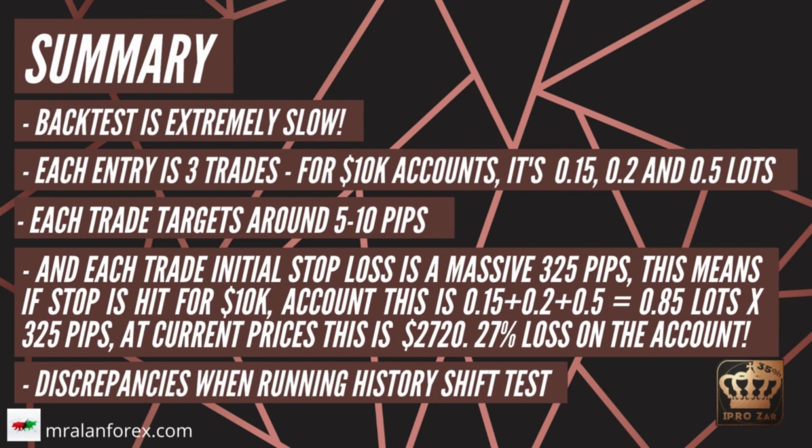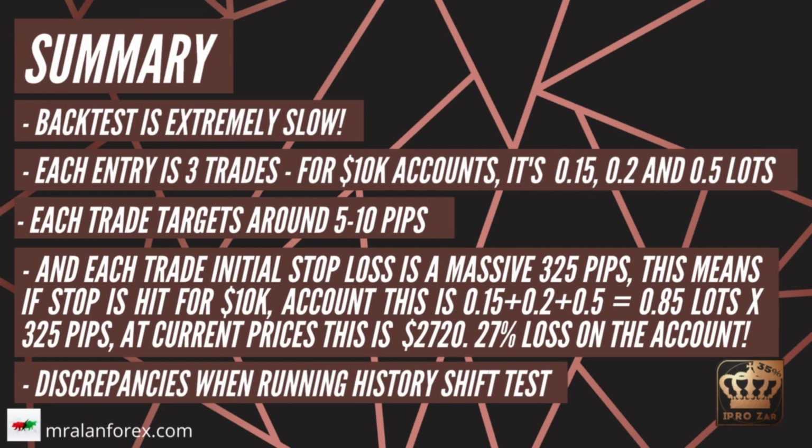So for the 10k account, this is 0.85 lots at 325 pips, which at today's prices is $2,720 US. That's 27% of the account lost in one trade should it go pear-shaped. That's huge, and as a result, this is most definitely a dangerous trading robot, especially when just one wrong trade can do so much damage.